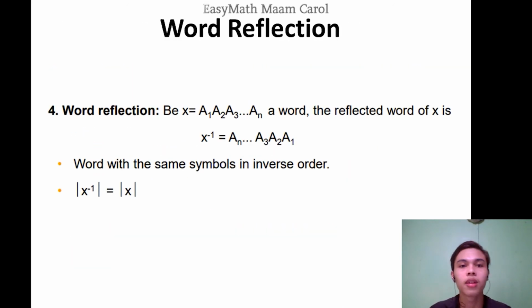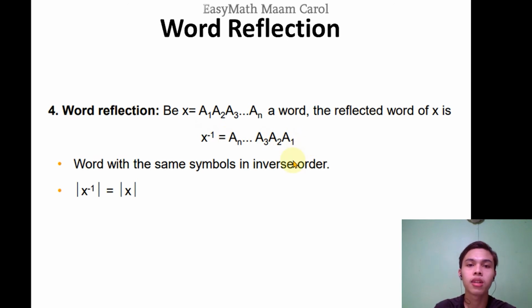So next is the word reflection. For a word x equals a sub 1, a sub 2, a sub 3, and so on, the reflected word of x is x to the power of negative 1, equals a sub n, and so on down to a sub 3, a sub 2, a sub 1.